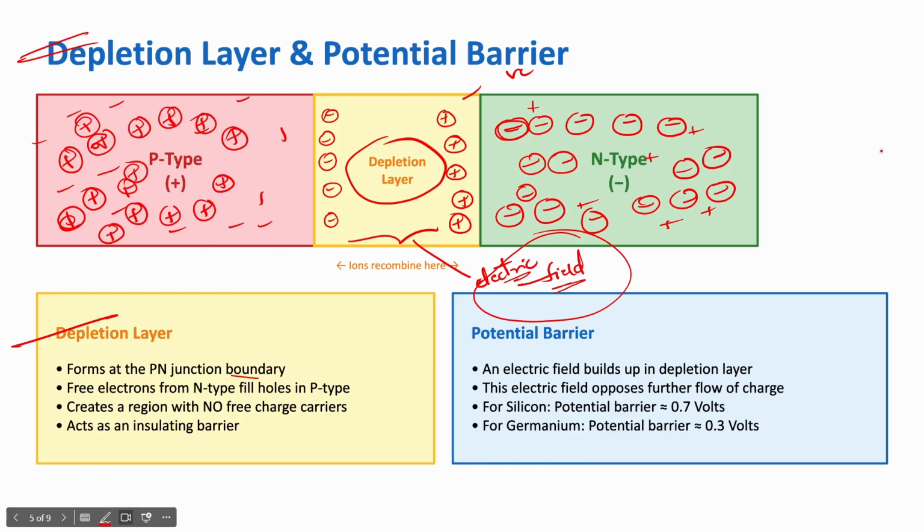For silicon, the potential barrier is 0.7 volts. This means until 0.7 volts, this barrier doesn't allow any flow of current. After 0.7 volts is applied at the input, only then does the barrier allow electrons to move through. For germanium, the potential barrier is 0.3 volts.